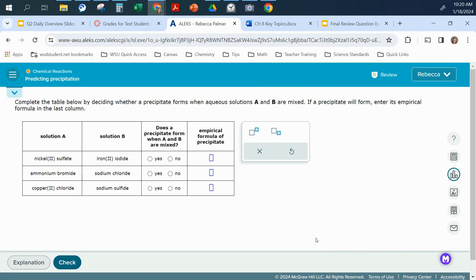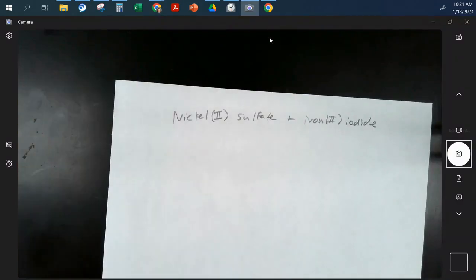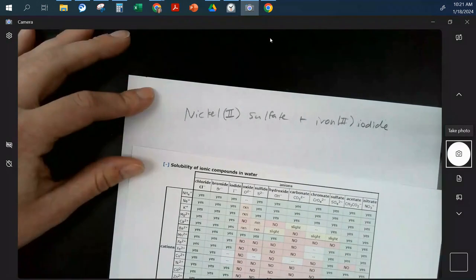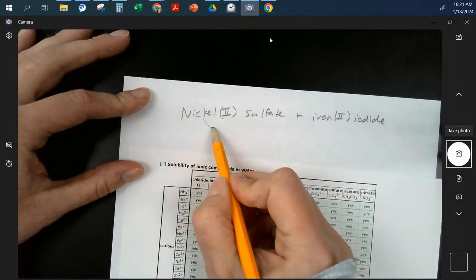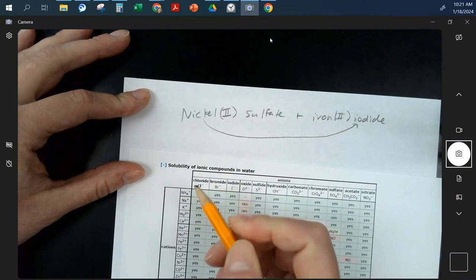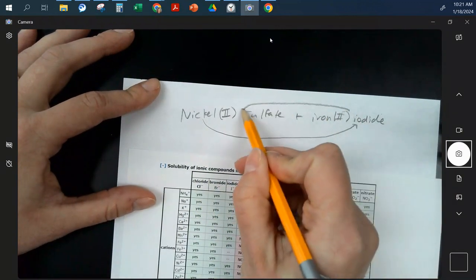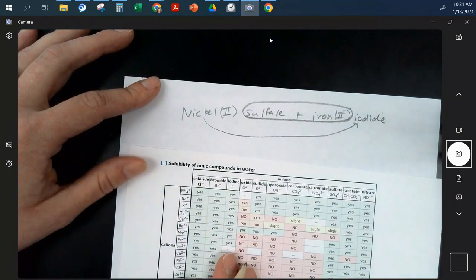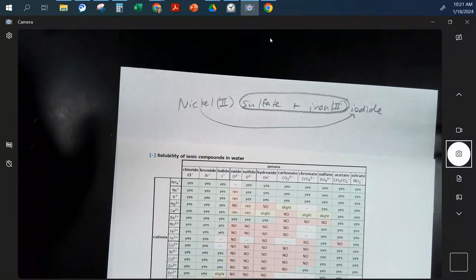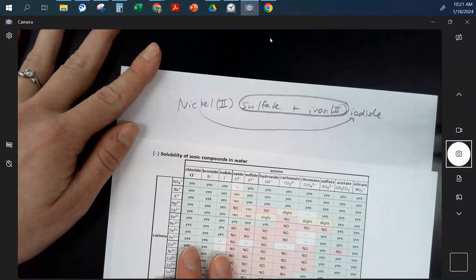Okay, so a liquid, and you add it to iron 2 iodide. So what we're going to do is check, is nickel 2 iodide soluble? Is iron 2 sulfate soluble or insoluble? Okay. So is there going to be a precipitate, and what is it, and what's its formula?